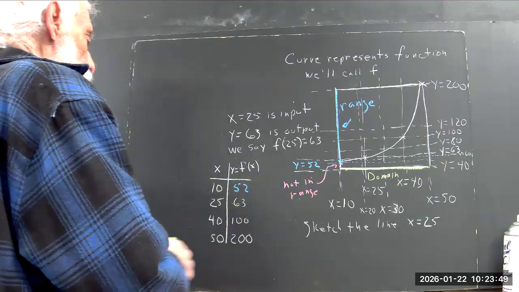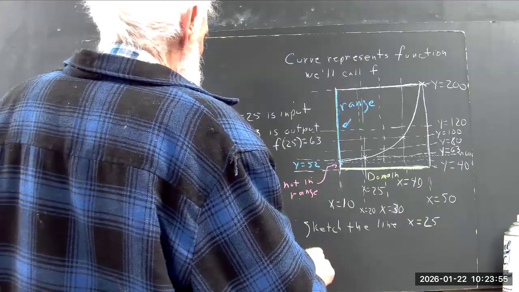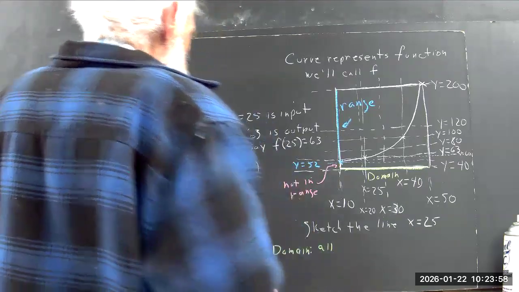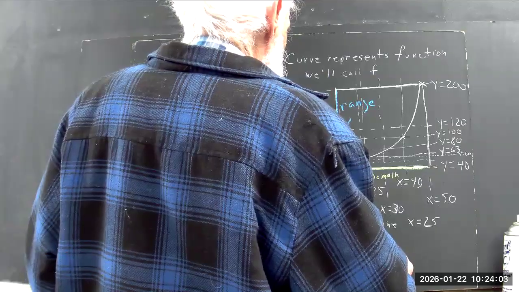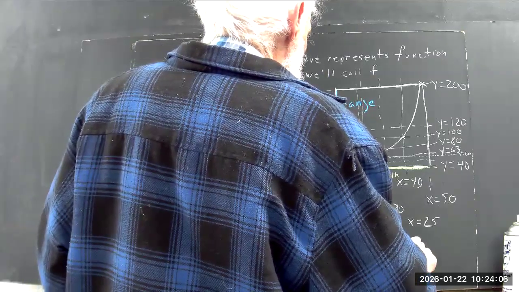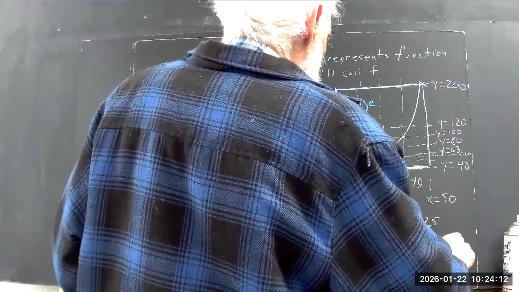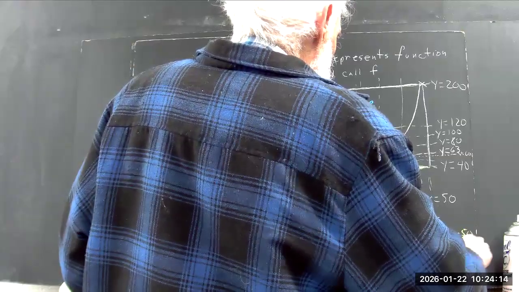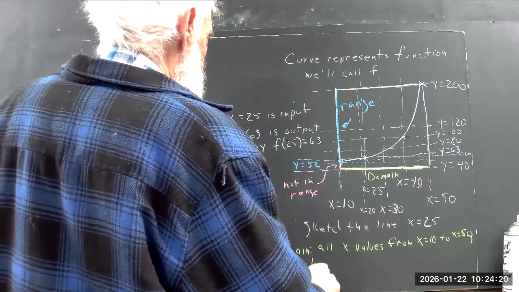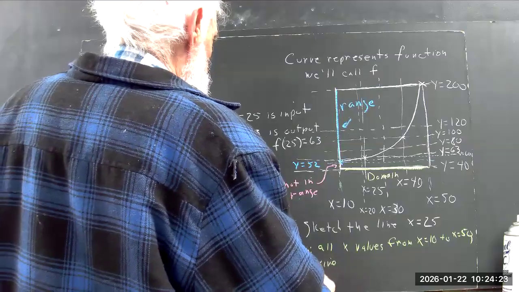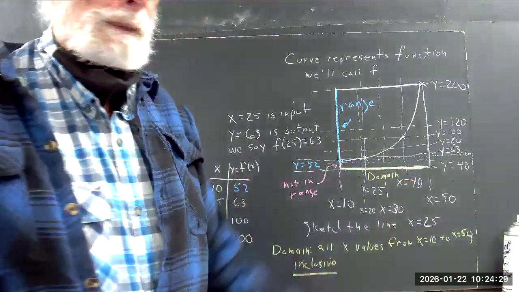We say that the domain is all x values from x equals 10 to x equals 50. And I'm going to say that's inclusive. That means it includes 10 and 50.